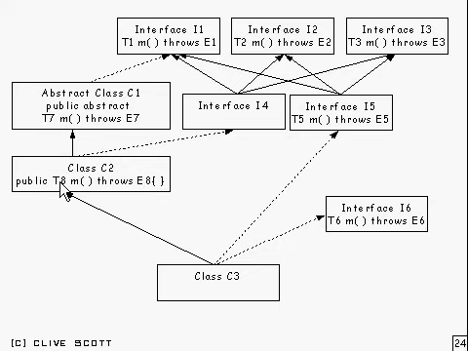And then it checks that T8 is a subtype of T1, and then that T8 is a subtype of T2, and that T8 is a subtype of T3, and then that E8 is compatible with E1, and then E2, and then E3. So all that goes on.